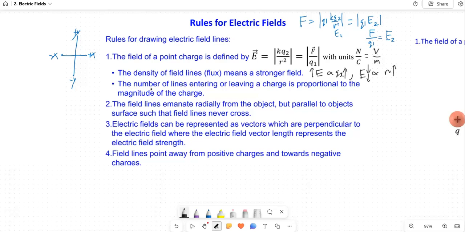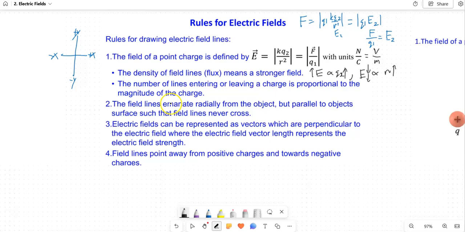So a 1Q charge will be represented by half the electric field lines of a 2Q charge, okay? And again, with a point charge, the further away you are, the weaker the electric field. And that means because there are fewer lines going through an area, okay?